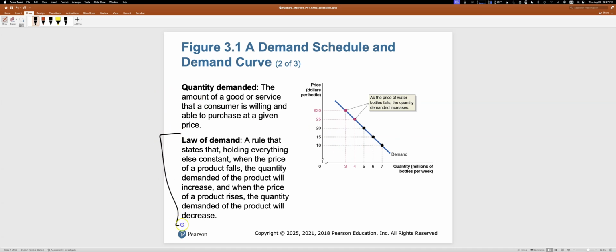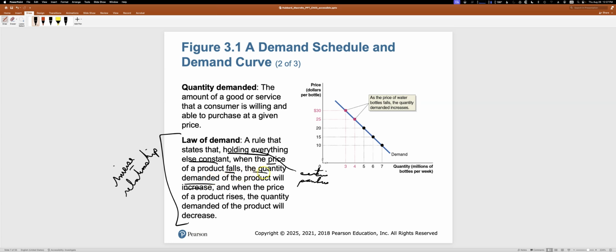That is called the law of demand. And what that says to us is that holding everything else constant, or as economists tend to like to call it, ceteris paribus, holding everything else constant, as the price falls, the quantity demanded will increase.